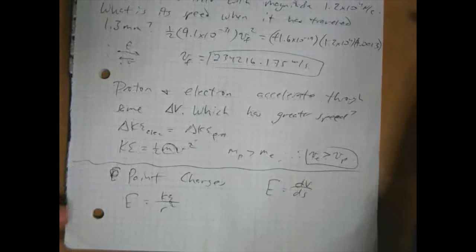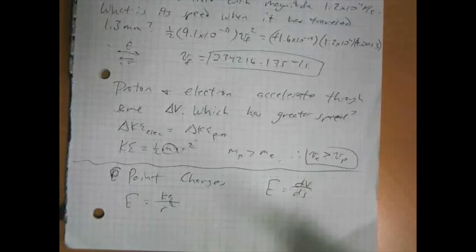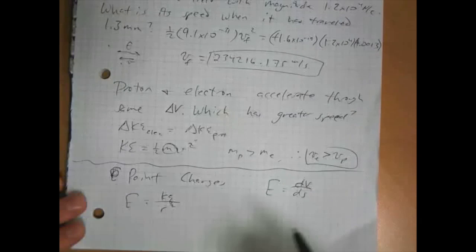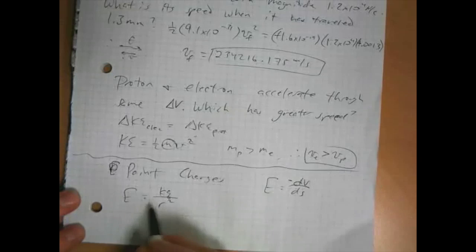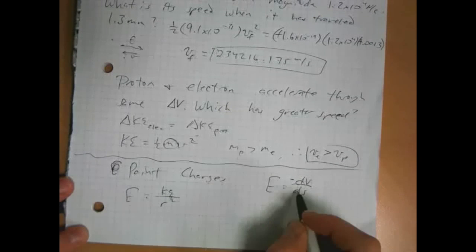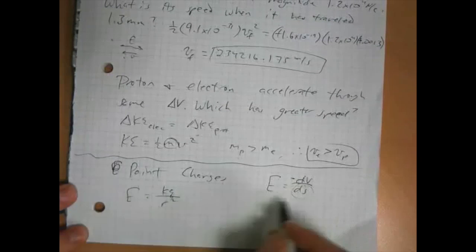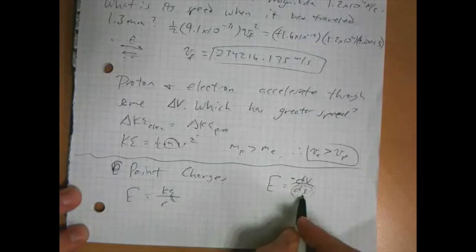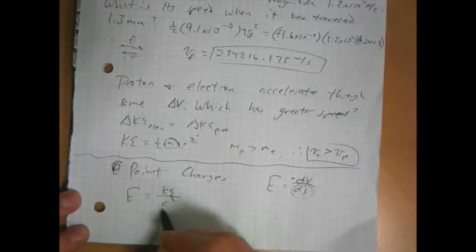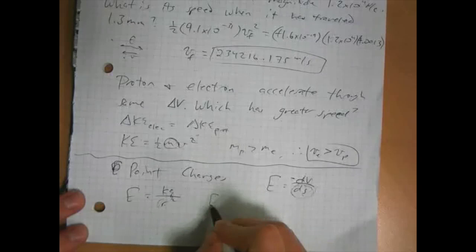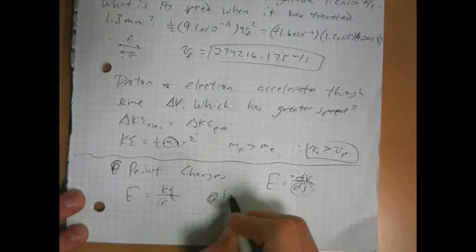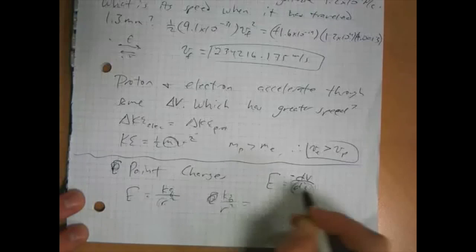In the case of a point charge, this displacement in the direction of the electric field can also be called the radius, the distance from the charge. So this electric field, kq over r squared, is equal to minus dV by dr.